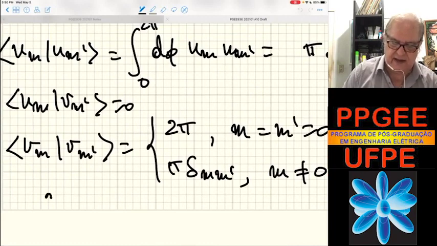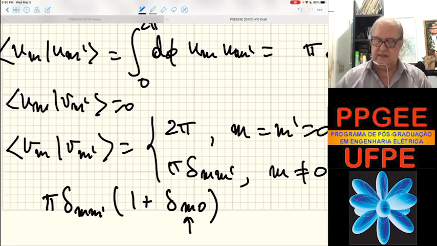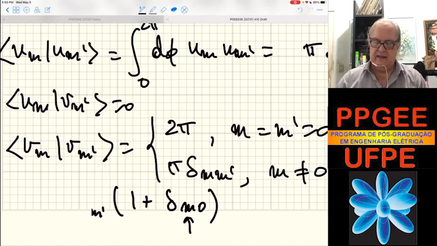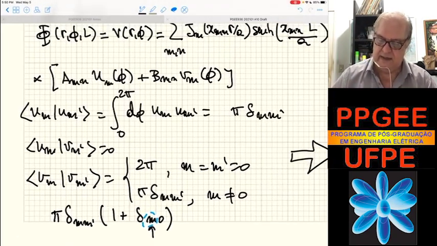It's going to be pi times delta m m prime, times 1 plus delta m 0. When seeing this, the canonical delta, if m equals 0, gives 1, so it's going to be 2 pi. If the canonical delta equals 0, this gives pi. It equals 0 if m is not m prime, if one of the indices differs, right? You can also do that.